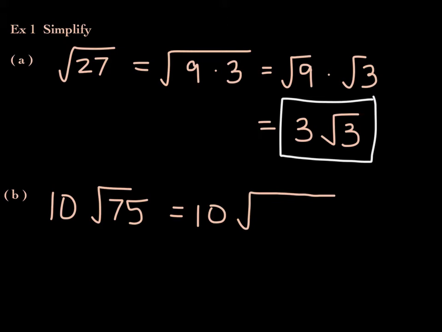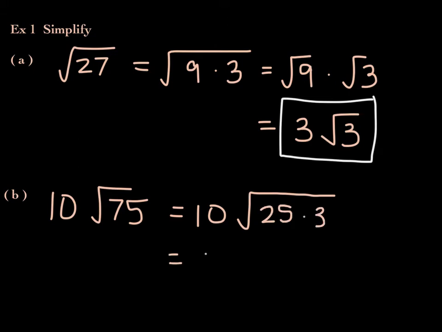Hold on, guys. What if I rewrote 75 as 15 times 5? 15 times 5 is 75 for sure. But the problem here is that neither 15 nor 5 are perfect squares. So instead of using that pair of factors, let's use 25 and 3 because 25 is a perfect square.